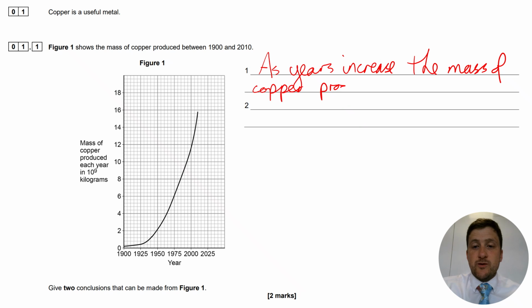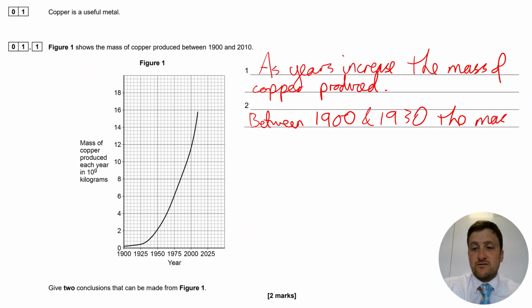But we can go into a bit more detail if we'd like to. We can say, let's see, I think it's about 1930. So between 1900 and 1930, the mass increases slightly.